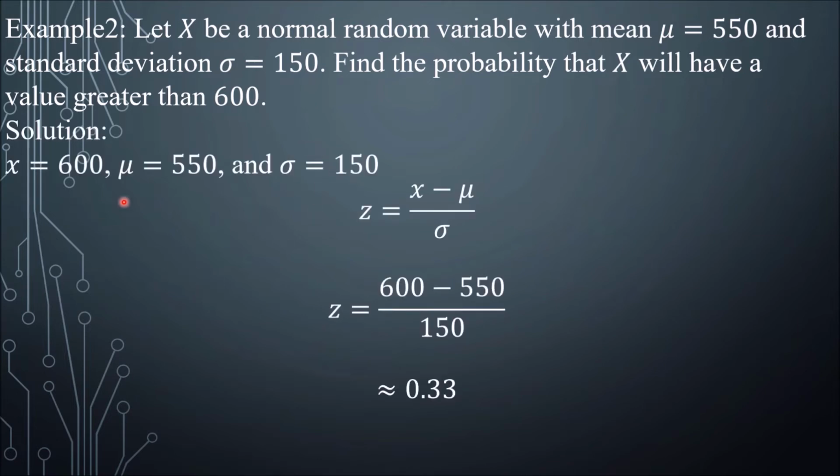So x is equal to 600, mu is 550, and standard deviation is 150. Following again the formula, converting x to z, we have z equal to 600 minus 550 over 150, and the result is approximately 0.33. So if the normal score x is 600, the z-score is 0.33.